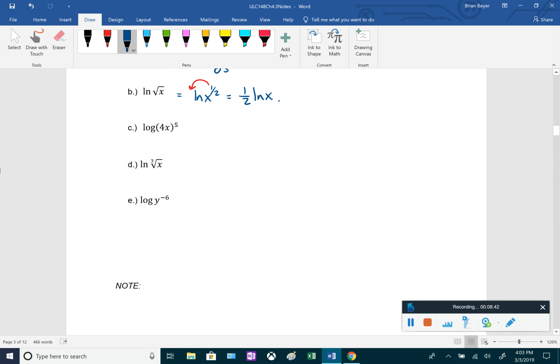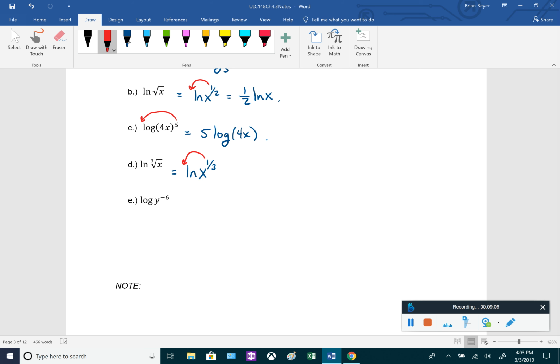Okay, next one, log of 4x to the 5th. We have that 5, we bring it down front. It becomes 5 times log of 4x. So this rule hopefully seems pretty simple so far. Next one, ln of the cube root of x. So we have to remember that the cube root is an exponent of 1/3.